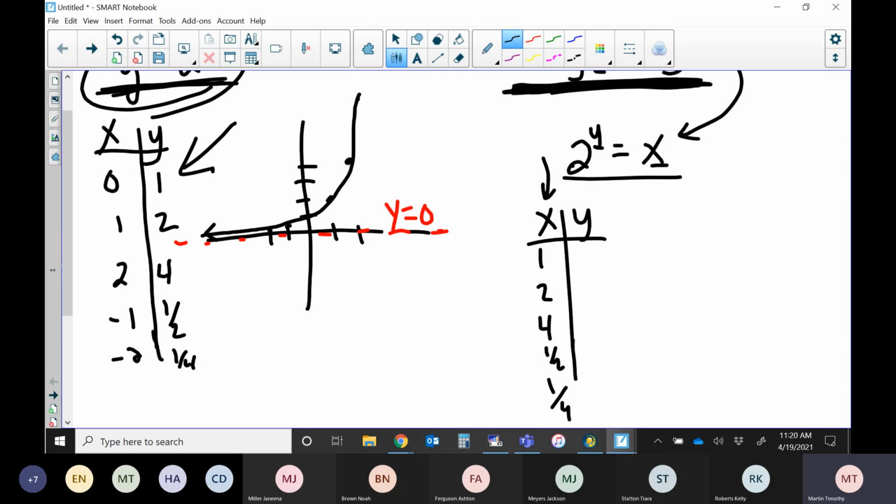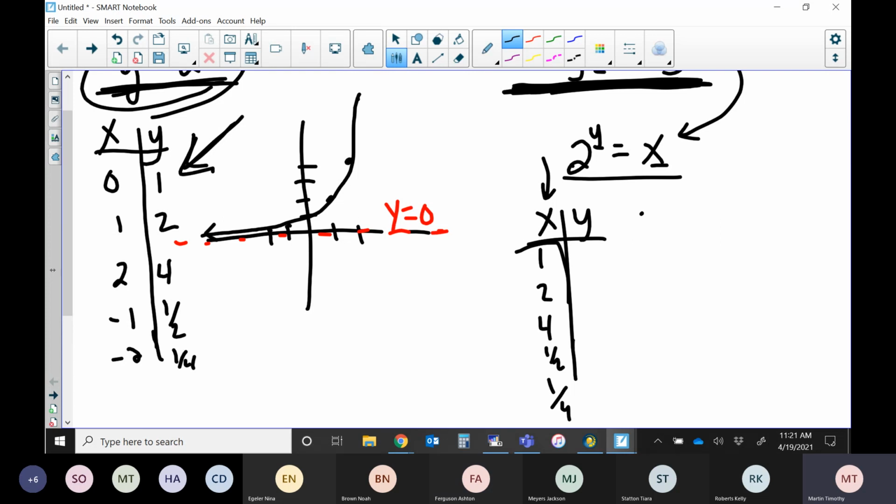Where did I get that list from? Where did I get those numbers? How did I get these numbers so fast? Of the original. Yeah, I just took the y from here and I copied them down, right?